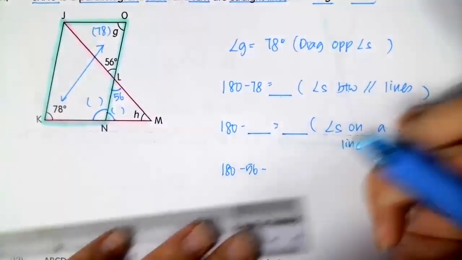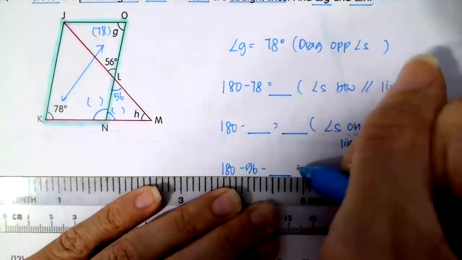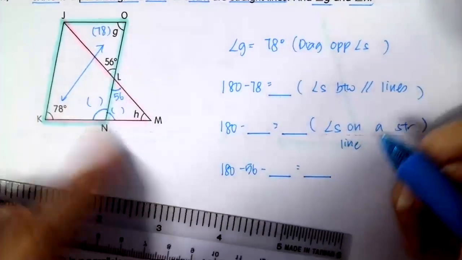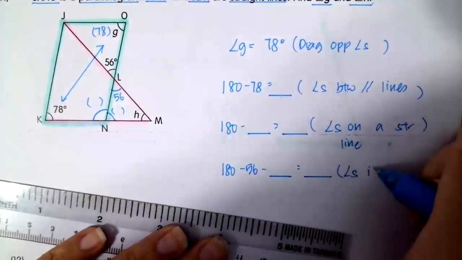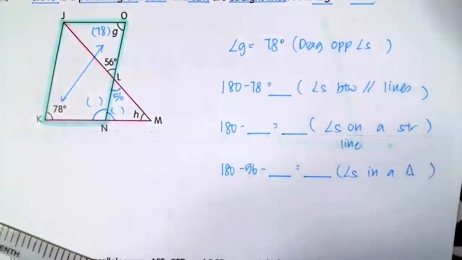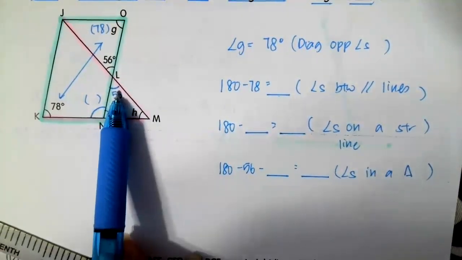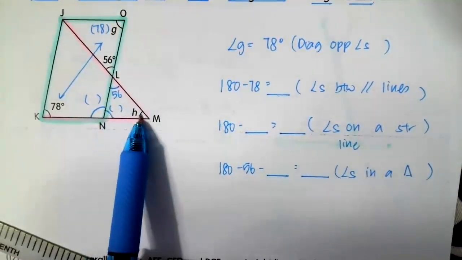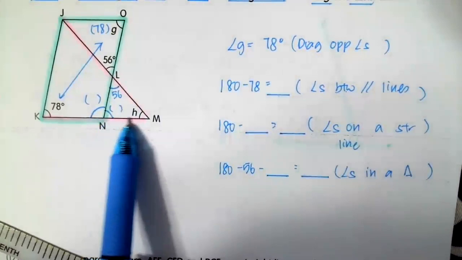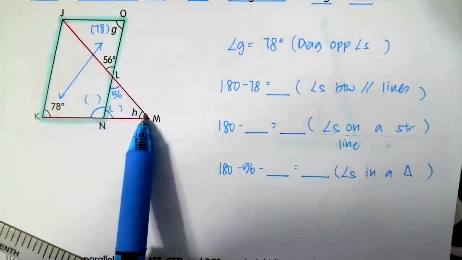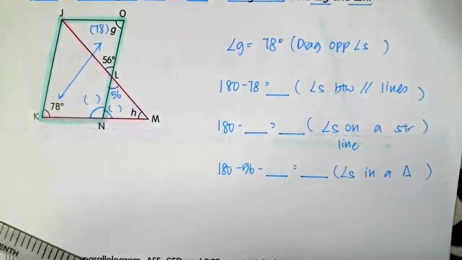You'll find angle H already. Okay, because of the idea of angles in a triangle. So in case you didn't catch me just now, 180 minus 56 minus this angle will give me angle H because this is a triangle. So these three angles in a triangle will give me 180.